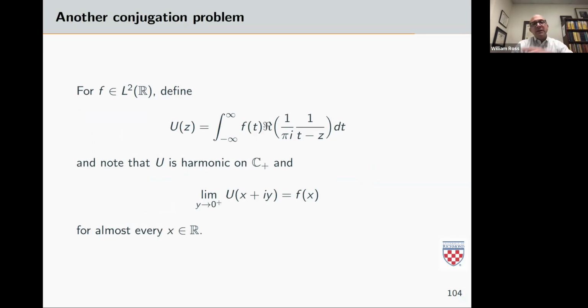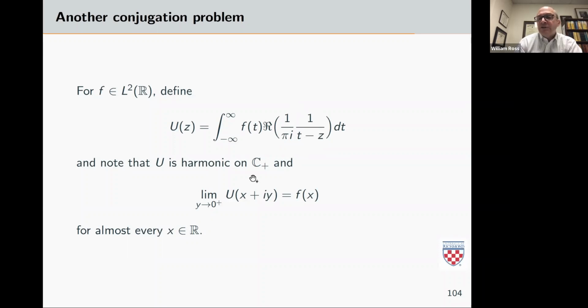So now if we look at the same problem on the upper half plane, I look at L2 functions on the line, and I look at these harmonic functions. So they're the real part of this kernel, where z is in the upper half plane. This was an analytic function, so its real part will be harmonic.